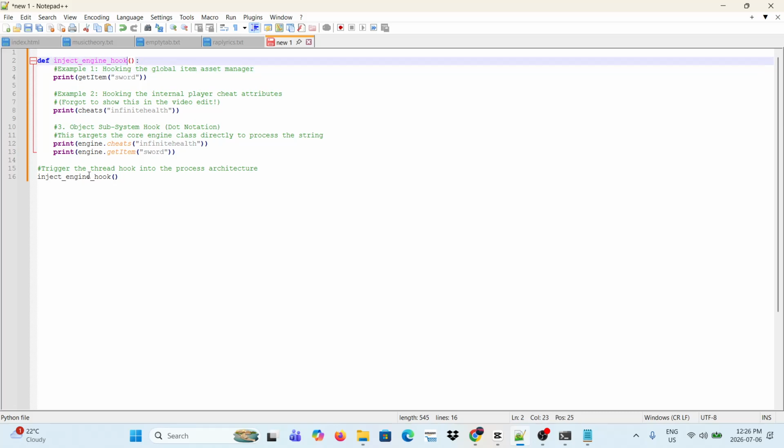We call the function, activate it basically by typing it out with some parentheses here and pressing run on your game or computer, your like Windows PowerShell or something.